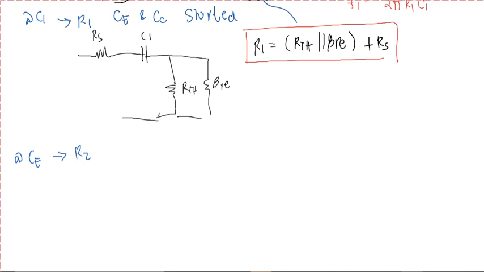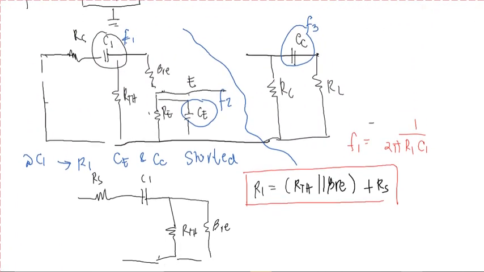For example, we will just use R2. So we have to consider that our C1 and CC are shorted. Okay, so C are shorted.